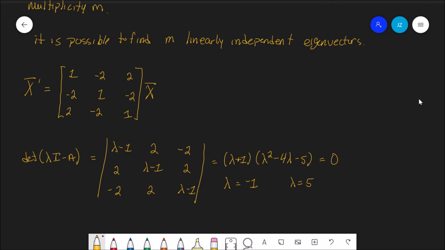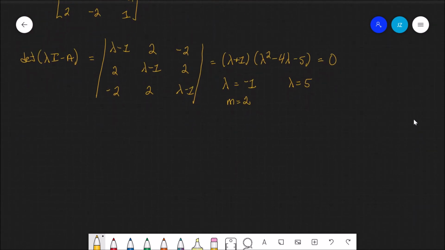Now, lambda equals negative 1 has a multiplicity of 2. So, since I'm studying the first case, this is obviously going to give me 2 linearly independent eigenvectors.